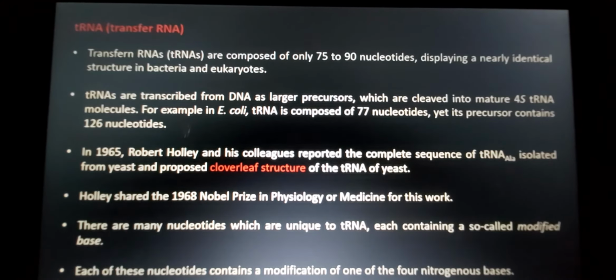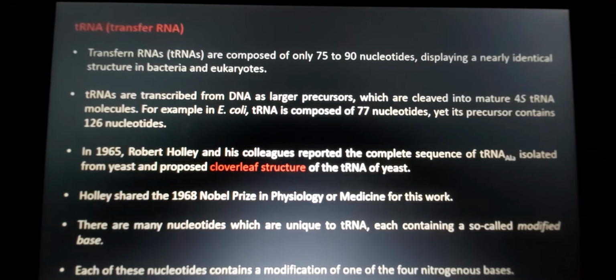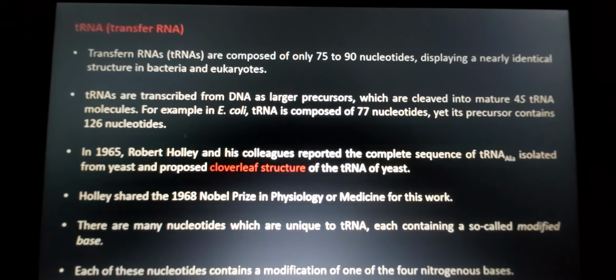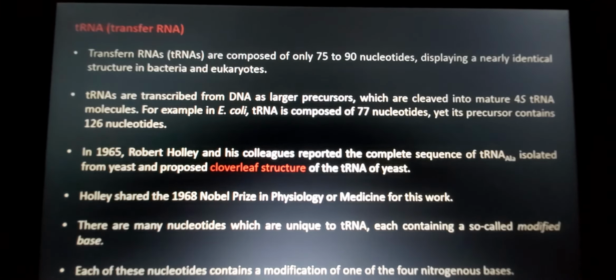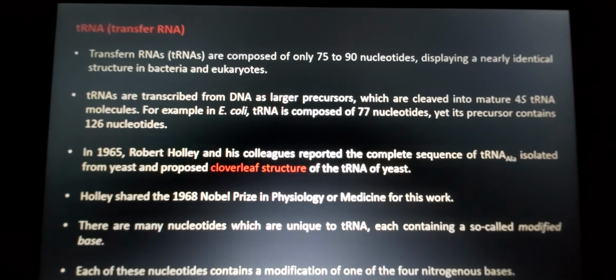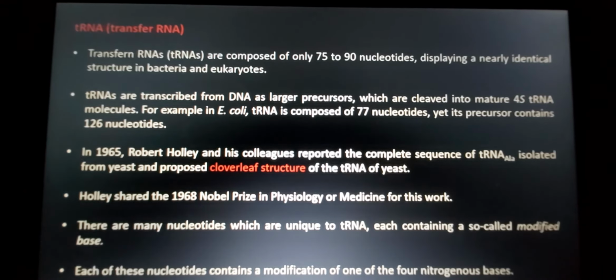Now, there are many nucleotides which are unique to tRNA, and we call them modified bases, because we know that our RNA usually is made up of what? AUGC: adenine, uracil, guanine, and cytosine. But apart from these four usual nucleotide bases found in RNA, tRNA has certain modified bases, and each of these modified bases is actually a modification of these four nitrogenous bases.